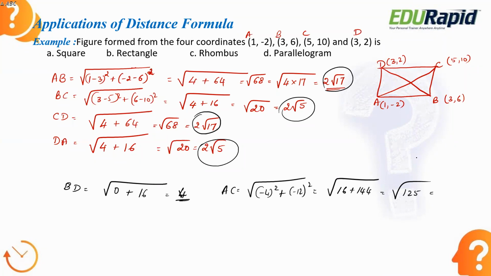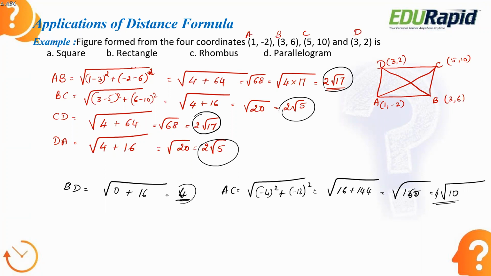If I'm supposed to write this further, I can write it as 4 root 10. Correct. Sorry, this has to be 4 root 10. It will be 4 root 10.